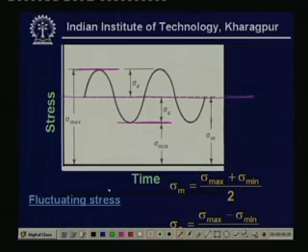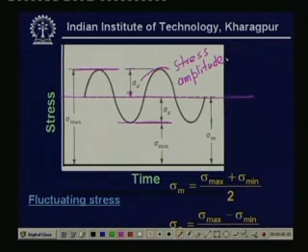And this other one is called the stress amplitude.